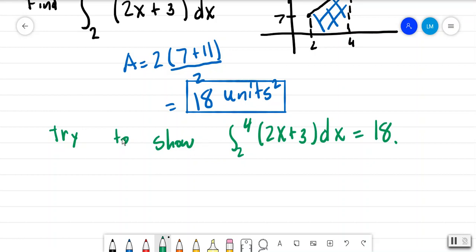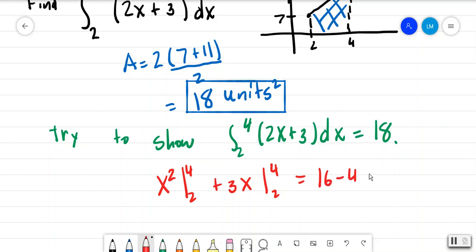So one thing that you are going to learn is that when you find the integral from 2 to 4, you're going to notice that it's x squared from 2 to 4, and then plus 3x from 2 to 4, of which this is just going to give you 16 minus 4 plus 6, which is equal still to 18 units squared.